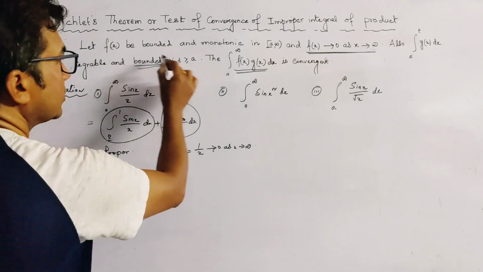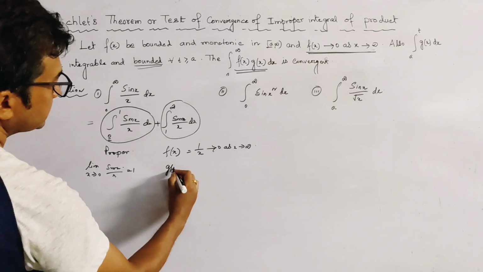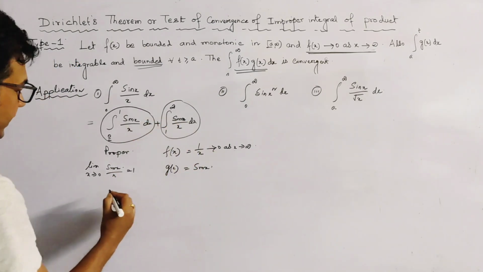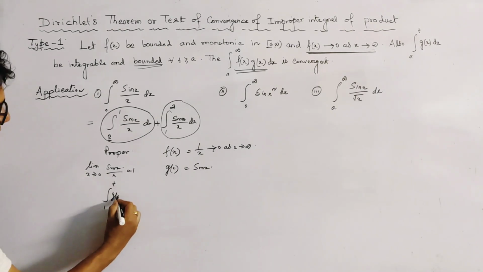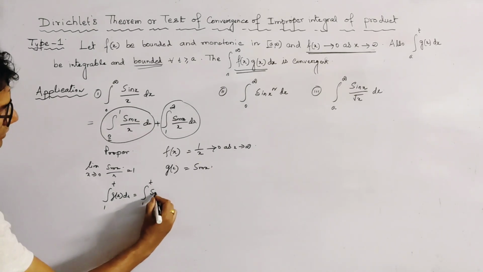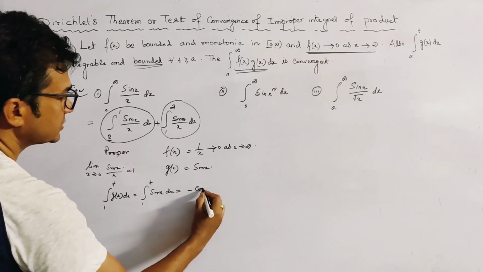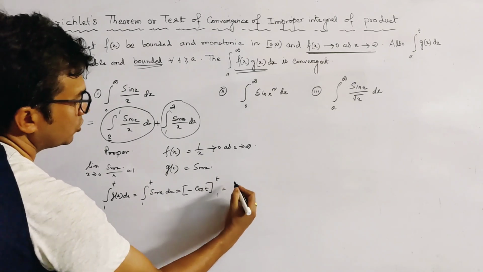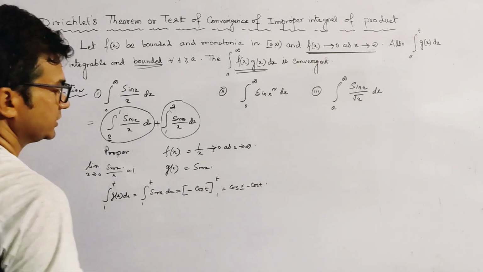So the first condition is satisfied, and g(x) is equal to sin x, and here integration 1 to t g(x) dx is equal to integration 1 to t sin x dx, which is equal to minus cos t from 1 to t, so this is cos 1 minus cos t.